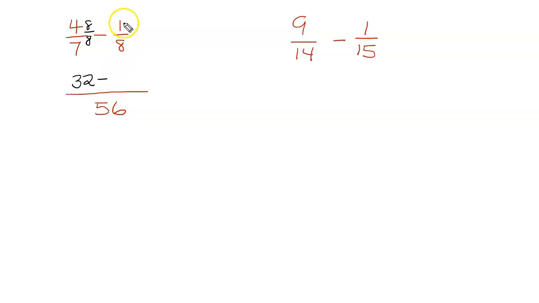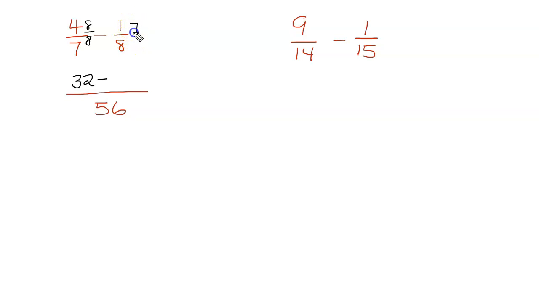Now we want to get the fraction 1/8 in the form of the denominator 56. So what will we multiply 8 by to get the 56? There you go. And it's some form of 1.